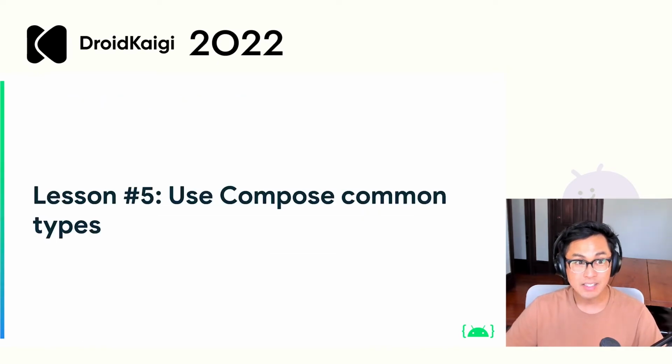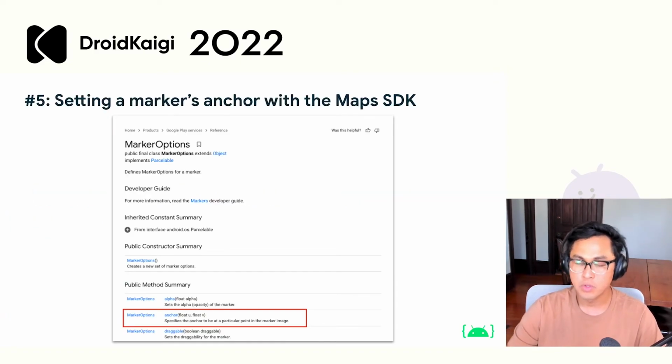All right, the next and fifth lesson is to use Compose common types. Compose has a handful of types that might better represent a piece of data. So for example, the Maps SDK has an object called MarkerOptions. MarkerOptions has a method called anchor where you provide two float values, basically an x and a y. And the anchor dictates the position of the marker relative to the position of the marker.